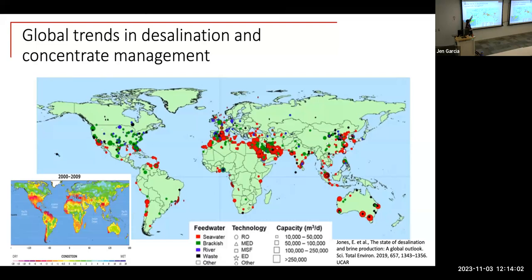And we see that these different colors represent the different sources of feed water, and then the different shapes represent the different technologies. And so what I wanted to point out is that most of these facilities, aside from our seawater and brackish water, we see that there's a big growth in wastewater. So communities, especially inland communities, are looking at using wastewater to supplement or as an alternative water supply.